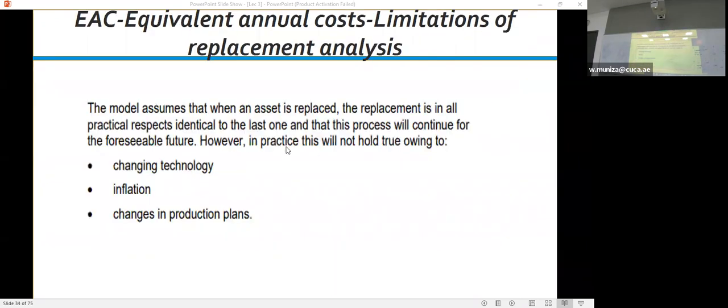Done? The first one is 6297. Let me check it. Then I got 4793. EAC for the first one is 4793. Have you done the calculations in the same way? 12,000 for year 0 and for year 1, 9,000.